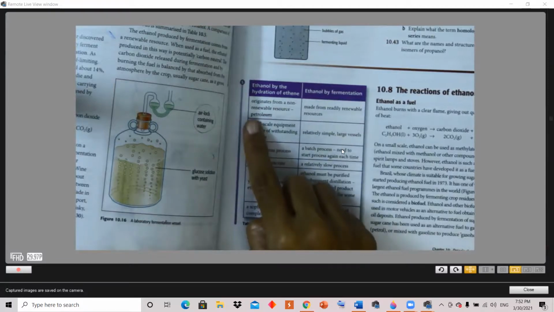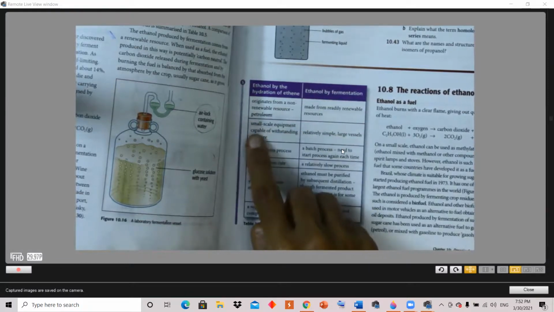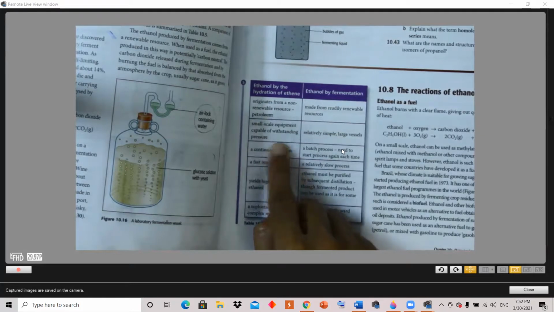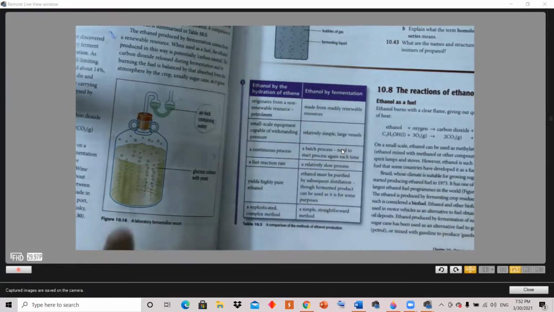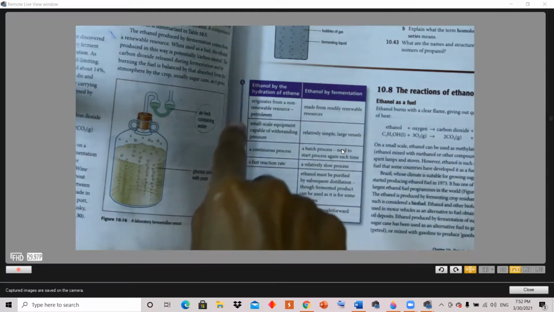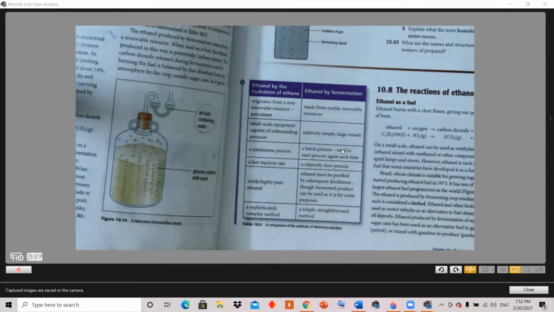Petroleum is expensive, right? Fermentation uses small scale equipment, relatively simple large vessels, whereas hydration needs equipment capable of withstanding pressure. Remember, the hydration of alkene requires high temperature and pressure, 300 degrees Celsius and 60 atmospheres. That requires energy, it's energy consuming.